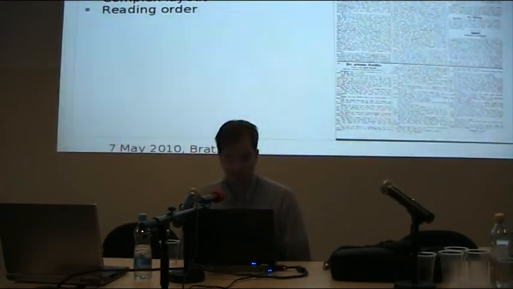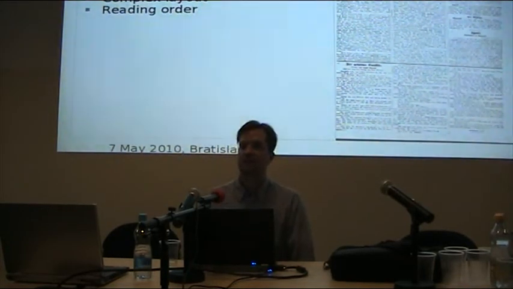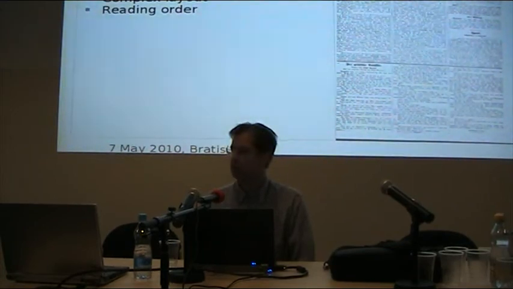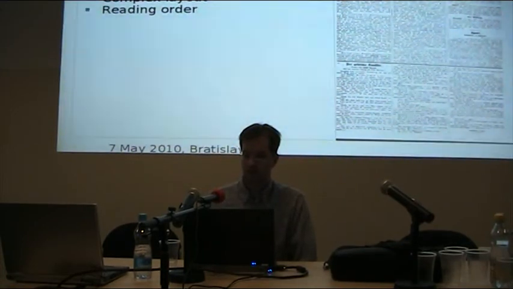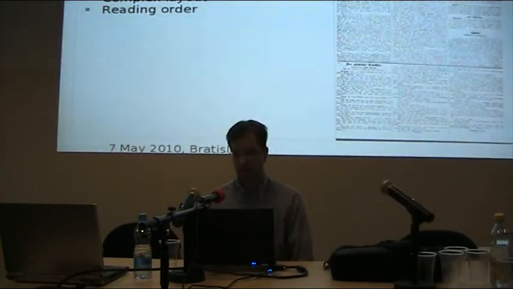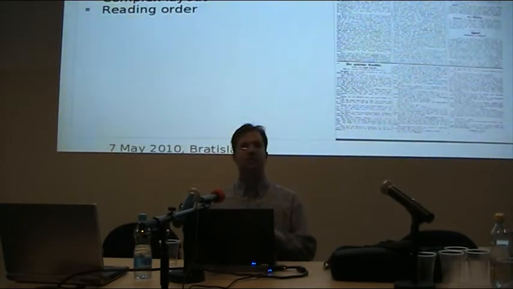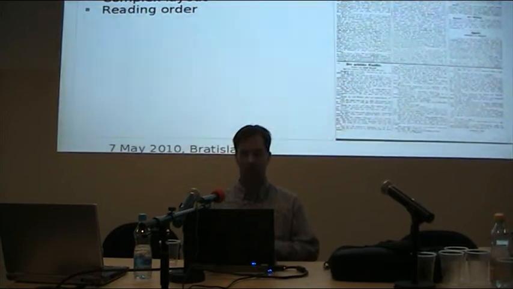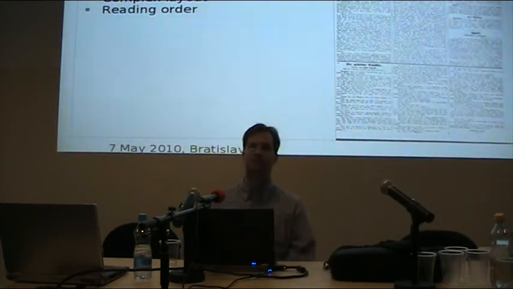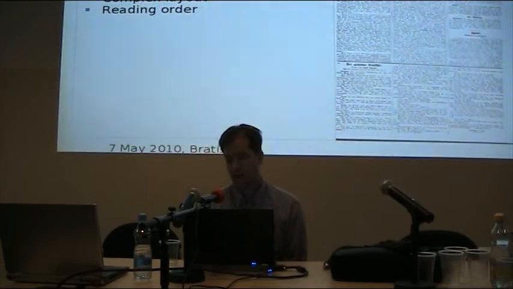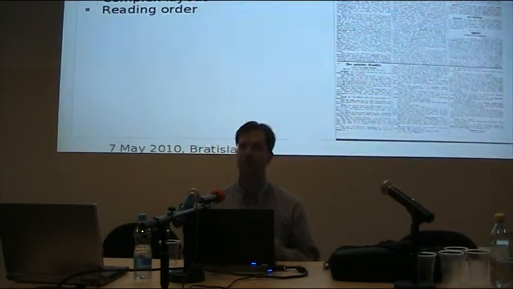We have a complex layout. In this case, it's extremely difficult to identify the reading order of the page, because on the bottom you see a thick line which separates the two parts of the page, which are completely separate. The second one is another article, and if we really would like to reestablish the reading order, we would have to recognize that the thick line separates two different articles.